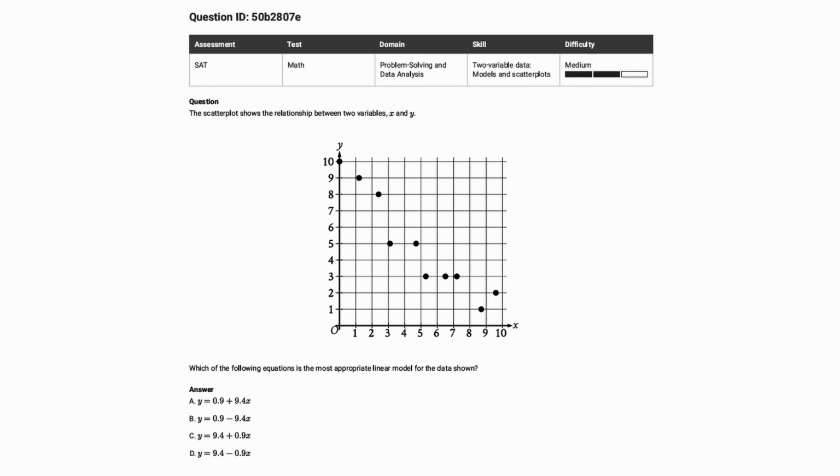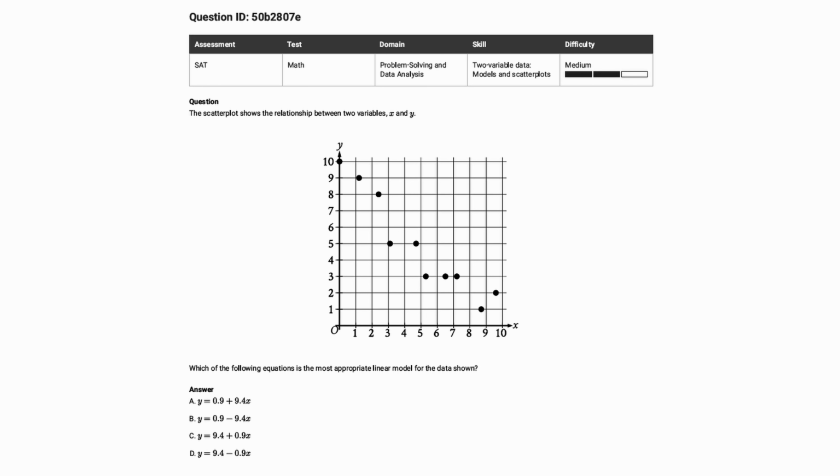What's interesting about this one is it's not in y equals mx plus b form directly, right? It has the b value in front of the m, which is something they probably use just to throw you off. But if you can identify that the negative slope is the m value, which comes right before the x, so we know it's not going to be so drastic that it's 9.4.